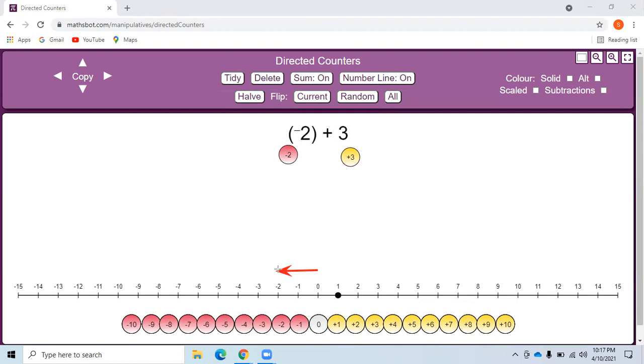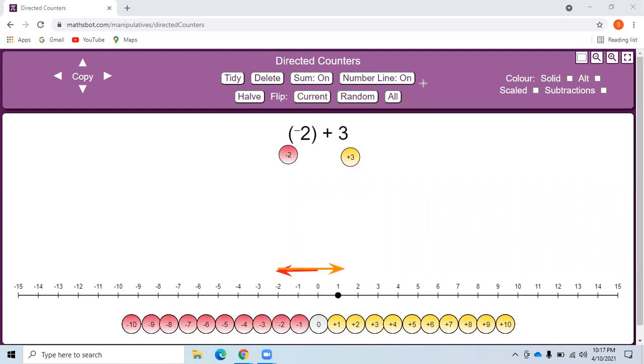So wherever I ended up, my arrow needs to come 3 in a positive direction. I can see that -2 plus 3 is equal to +1. Coming in the positive direction, adding that +3 cancels the first movement and then moves even further.